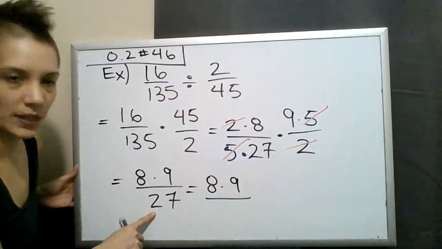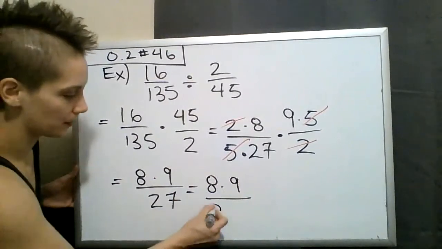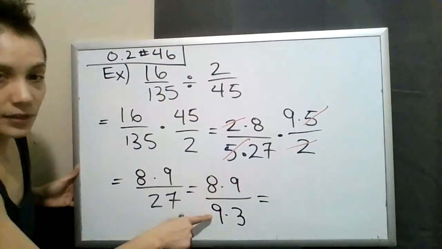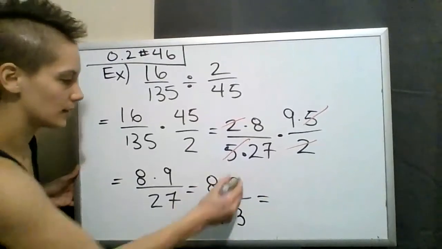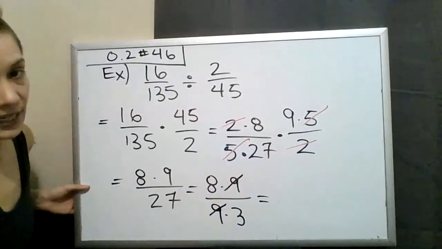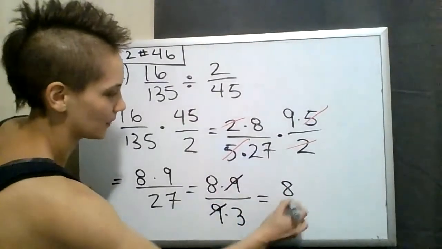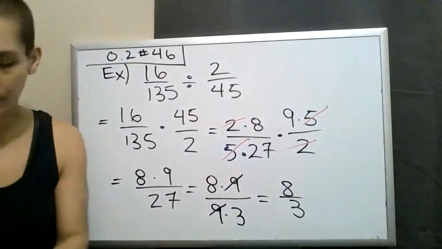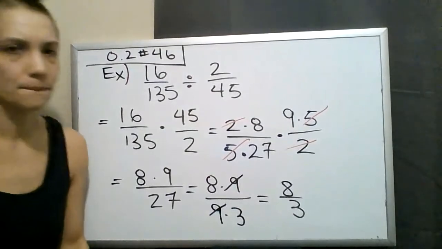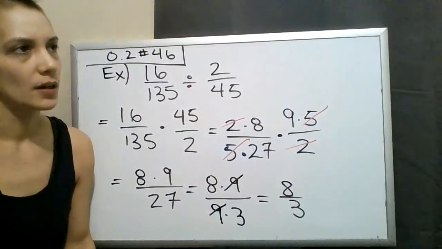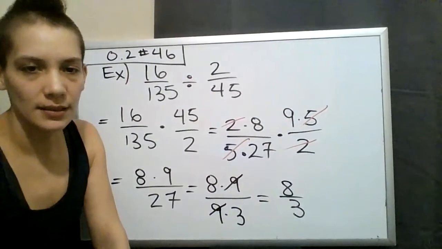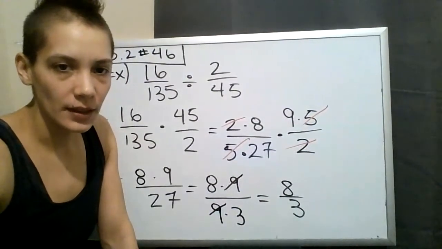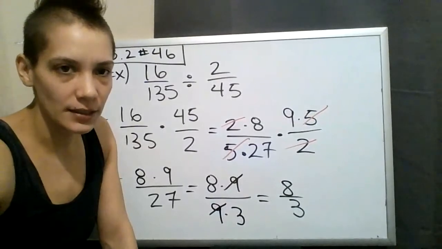Right. 9 times 3. 9 over 9 is 1. I've got 8/3. Let's mixed fractions. There they are.